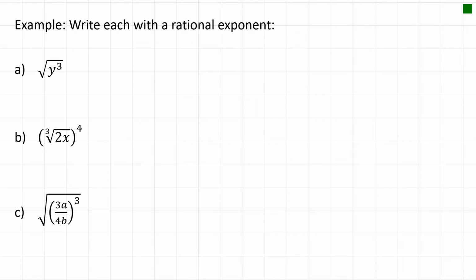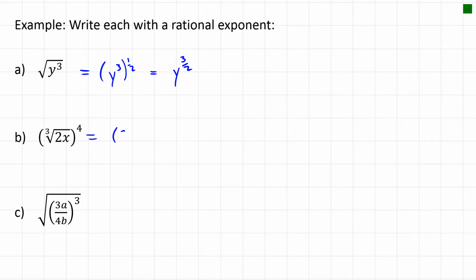So we're going to write each of these expressions with a rational exponent. The square root of y to the power of 3, well, that's just y cubed to the power of a half, which is y to the 3 over 2. And in this next one, we have the cube root of 2x.